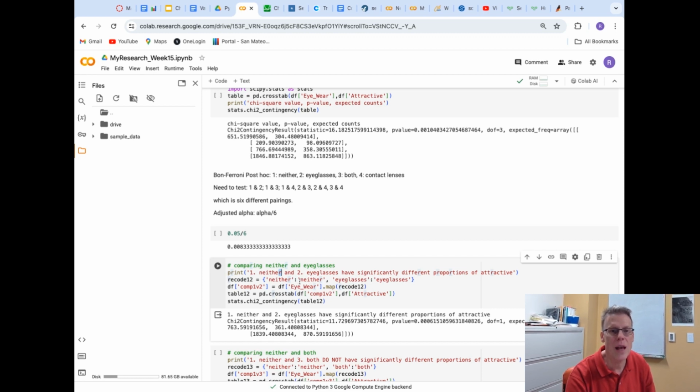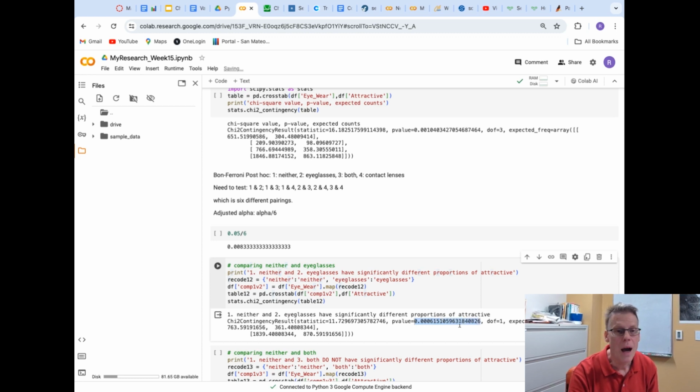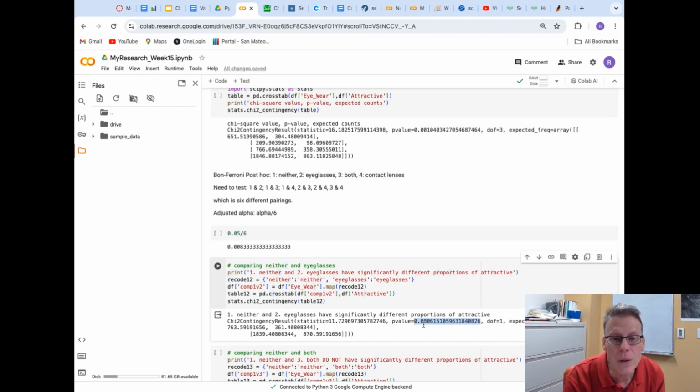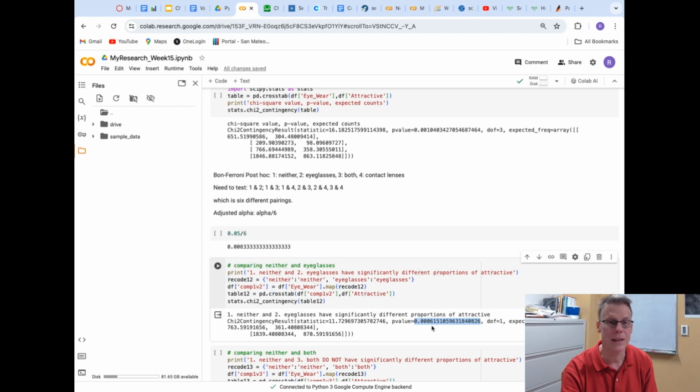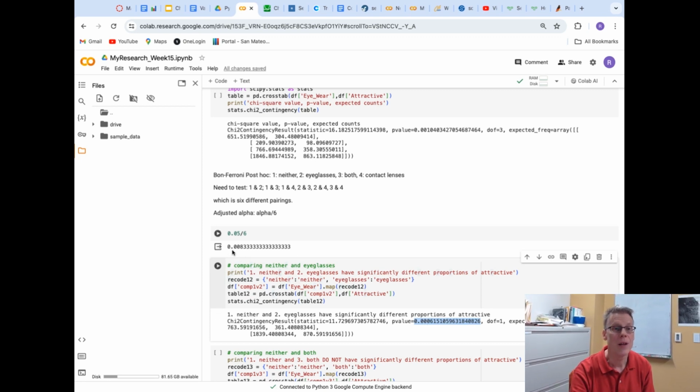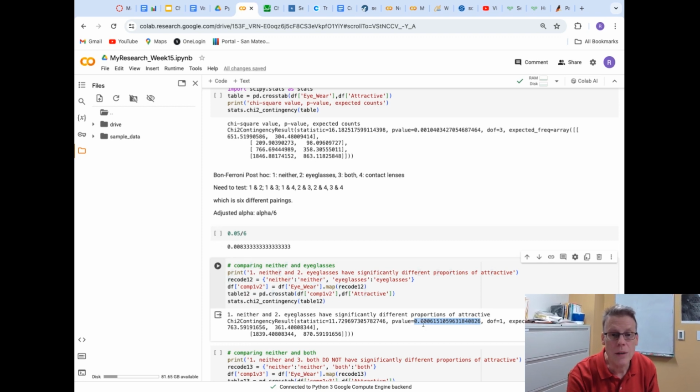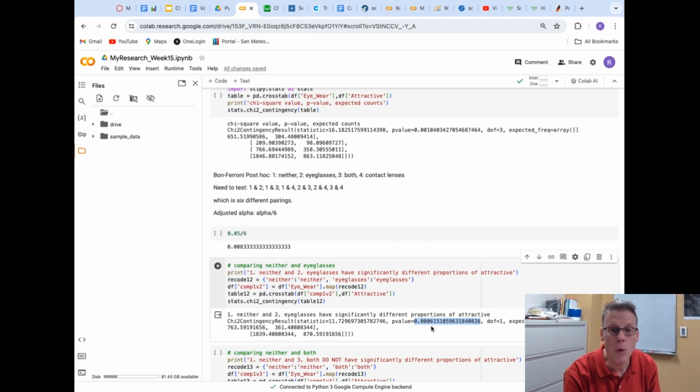Okay, so this you set up, you number everything right, run this, and what it does is it says, okay, I got a p-value, just comparing those two, I got a p-value of 0.0006, which is less than 0.0083. This has 1, 2, 3, 4 decimal places.